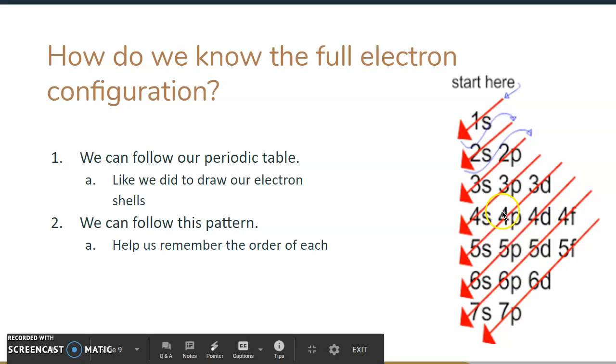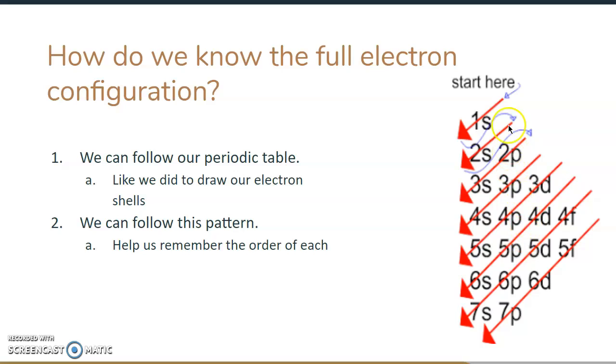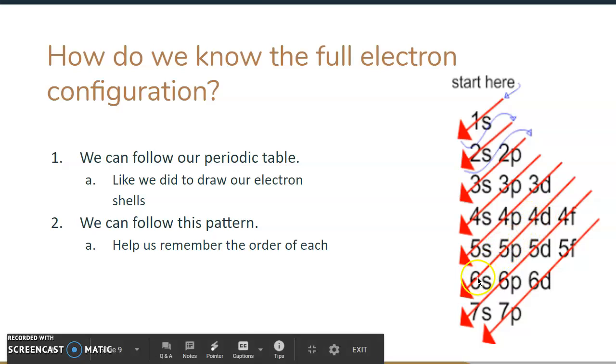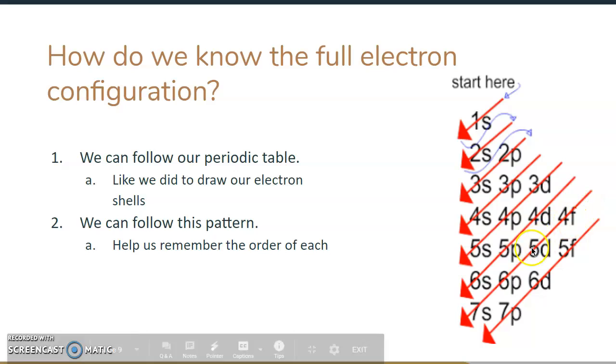If we write them out simply in lines like this, each number having a different line, and then go in a diagonal zigzag, we start with our 1s, then go to our 2s, then our 2p, our 3s, then our 3p. After our 3p is our 4s, but then we go back to our 3d for our D block, then our 4p, our 5s, and then back to our 4d for our D block, our 5p, 6s, and then we go all the way back to our 4f. Just like these arrows show, we go back on ourselves all the way through.